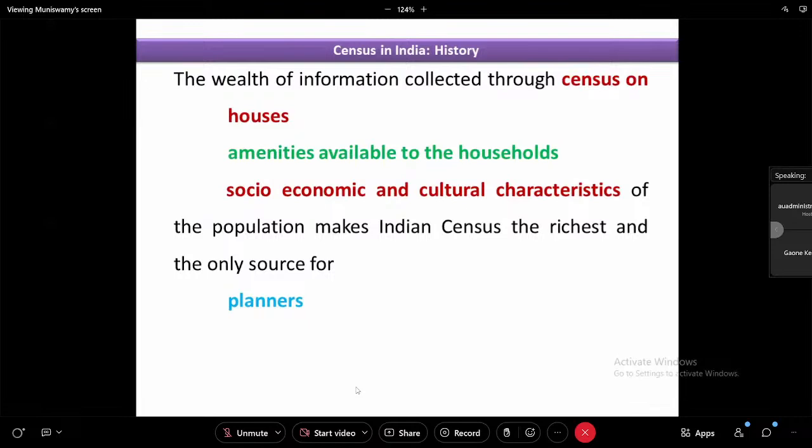The census survey is important to the planners.